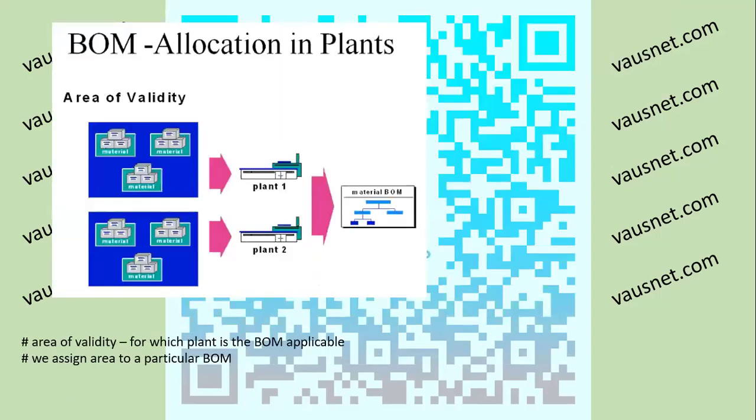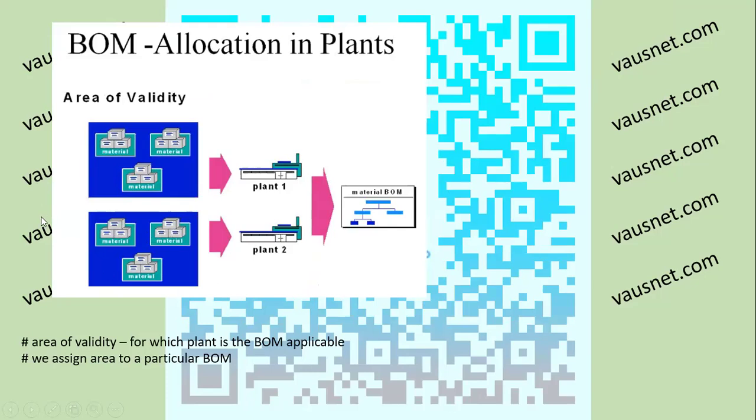BOM allocation in plants. Now, BOMs can have multiple materials and elements, and it's possible that when you're making your finished or semi-finished product, the raw material gets processed over here and it gets moved to another plant.